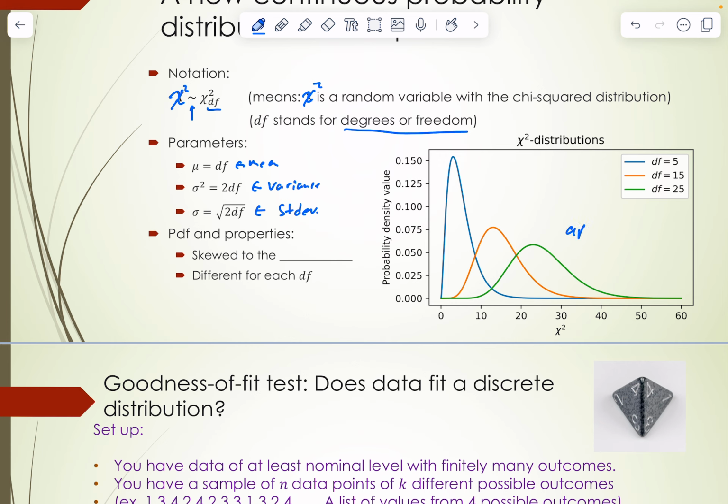It approaches normal as df goes to infinity. It is skewed to the left. No, sorry, to the right. And it's different for each df.